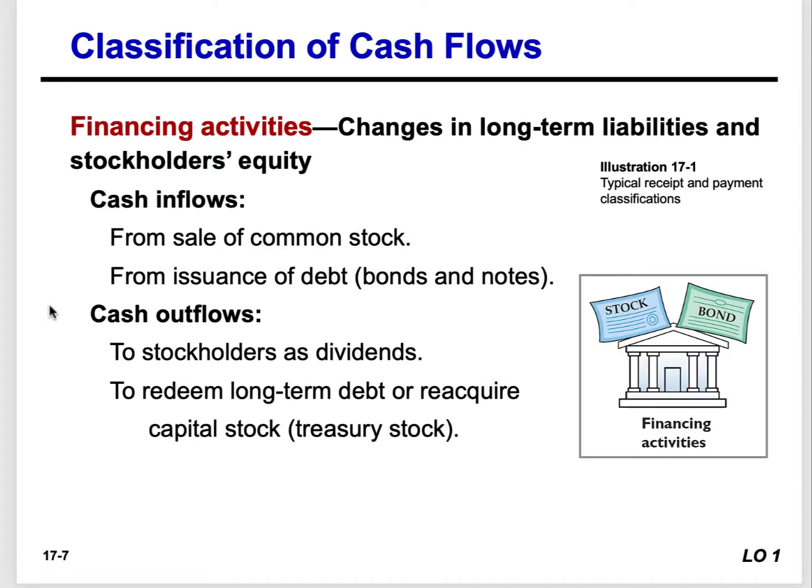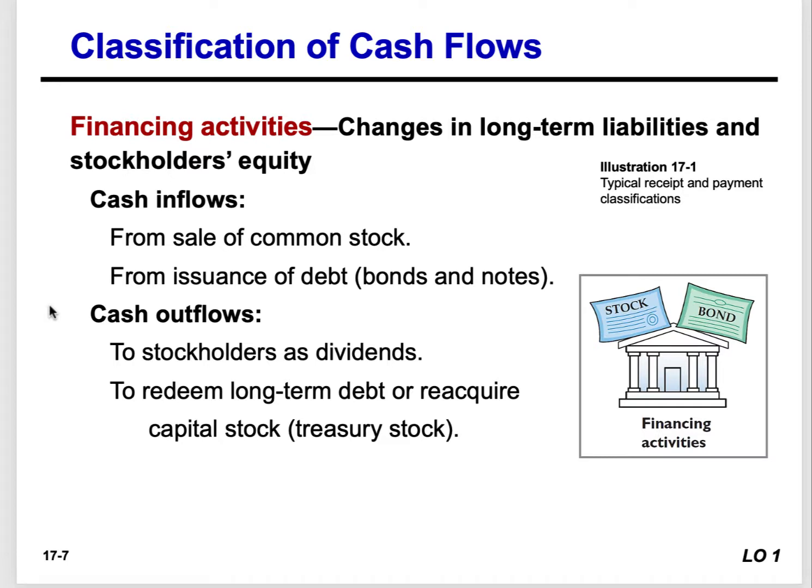And then finally, we get down to financing activities. Within financing activities, we're talking about changes in long-term liabilities and any changes in our stockholders' equity, okay? What do we mean by that? Well, anytime we sell common stock, obviously, what are we getting? Cash. Cash is coming in.